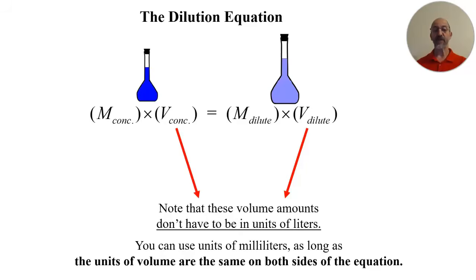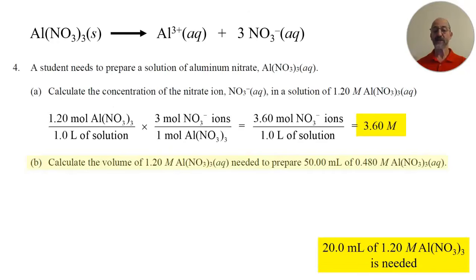Note that these two volume amounts could either be in liters or milliliters. As long as you have the same units on both sides of the equation for volume, then you will get the same answer. So we know that the correct answer to part B is 20 milliliters, but here is that M times V equals M times V equation.